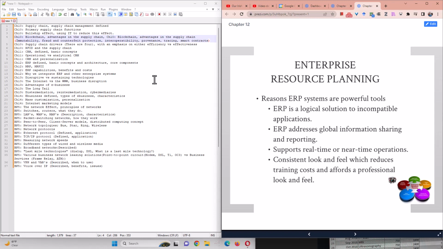So they are a logical solution if you've got incompatible applications. You've got an accounting system by one company, a sales system by another, a production system by yet another. If you want a logical solution of compatible applications, an ERP system is absolutely that solution.